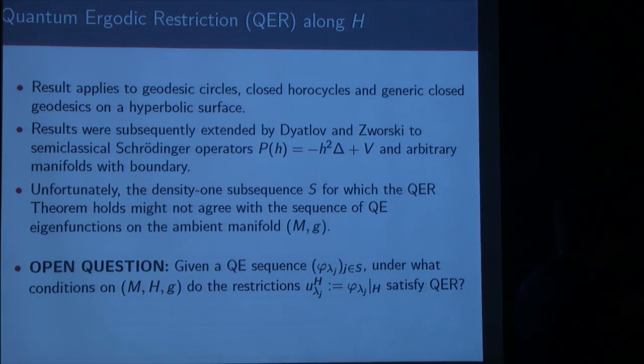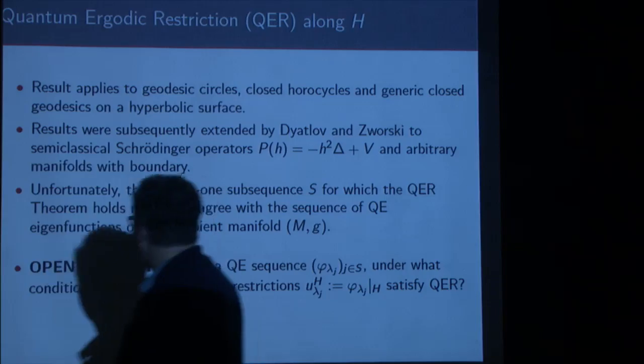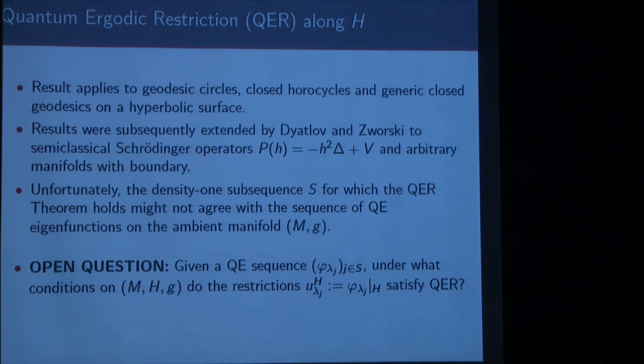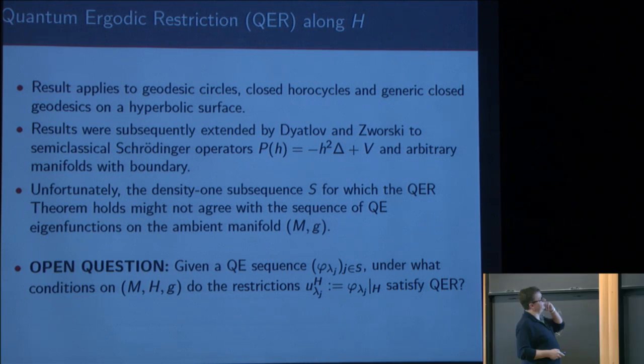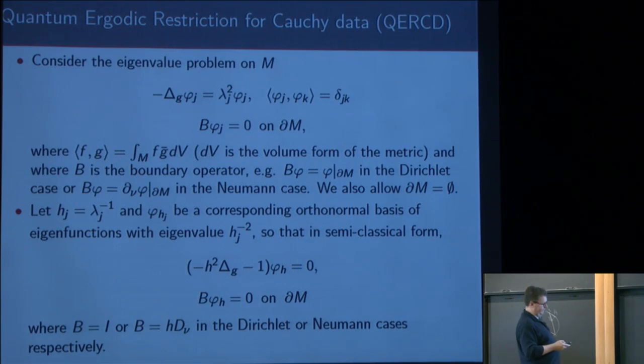These ones are ruled out. If it's a fixed point set of an isometry, it's nonsense because half of them are 0. But for most geodesics, it's true. And then these results have also been extended by Dyatlov and Zworski to Schrödinger operators and arbitrary manifolds with boundary. So we proved it with Zelditch for Euclidean domains with boundary, and then for manifolds without boundary, and they extended it to manifolds with boundary.